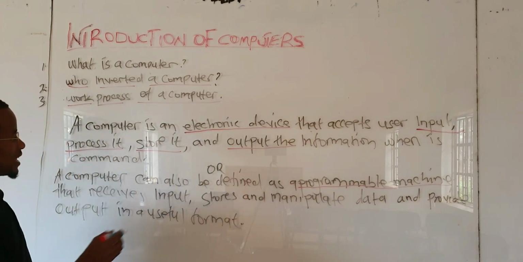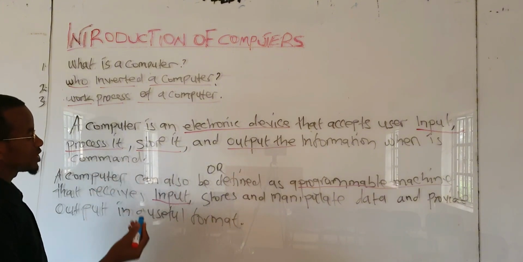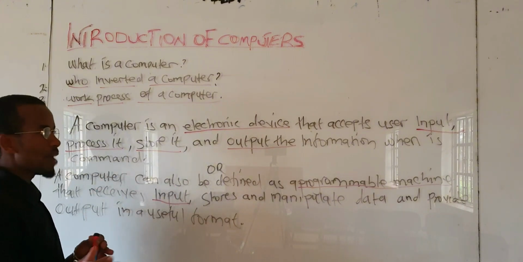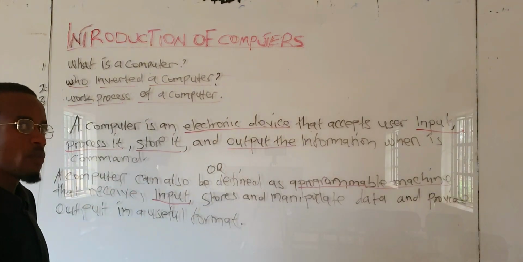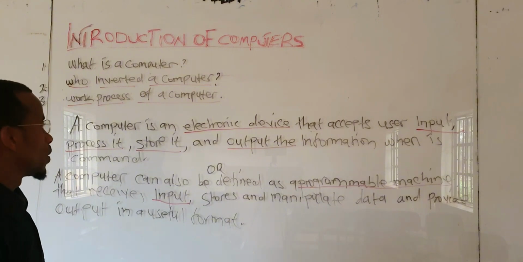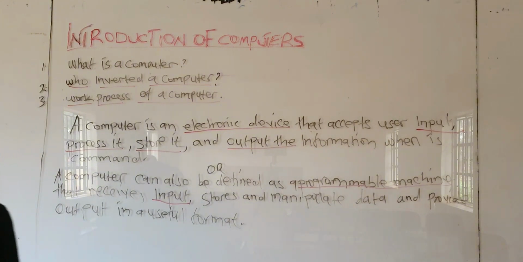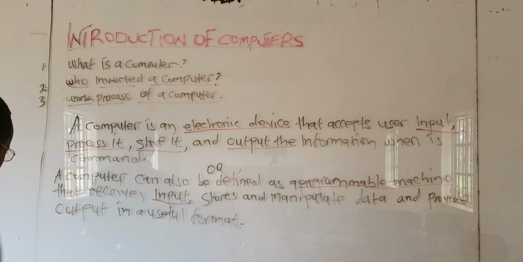So basically, these are also the key terms that we want in your definition, and as a must, you arrange them in a logical and systematic way. So when you're defining it, you arrange it.